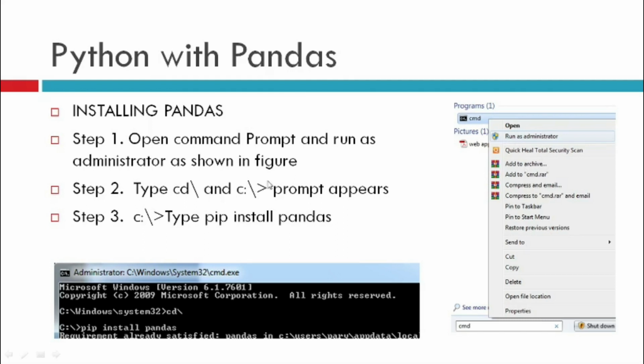You get a command prompt. Type there cd backslash, that means the root prompt will come. Then you type pip install pandas. So Pandas will be installed on your PC.